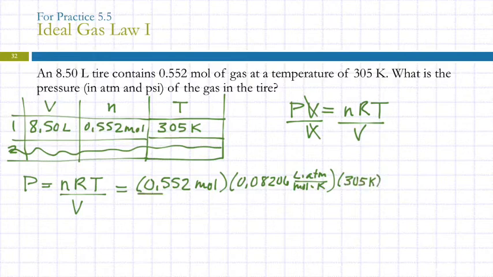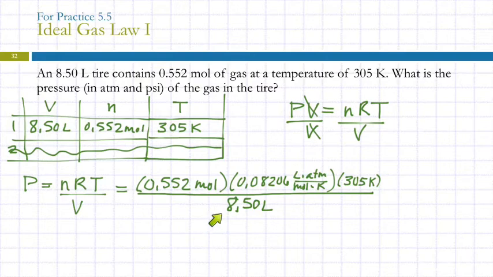And we want to divide that whole mess by the volume, which is 8.50 liters. Always write the units in your problems. This line right here, this is the minimum of showing your work. Writing out the rearranged equation and then showing the values with the units that you plug into there.